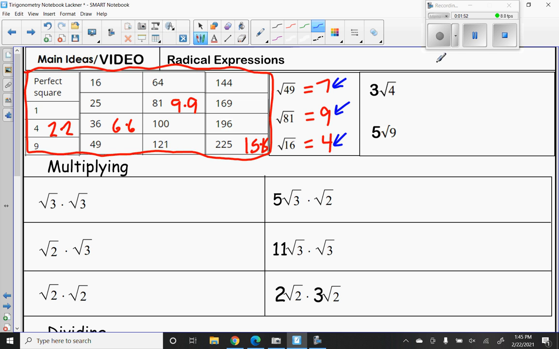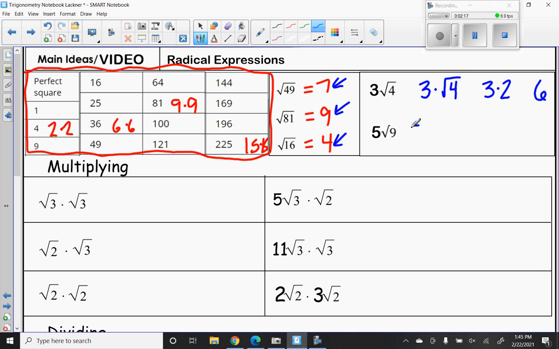This is really 3 times the square root of 4, and the square root of 4 is the whole number 2. So this becomes 3 times 2, and the final answer is 6.